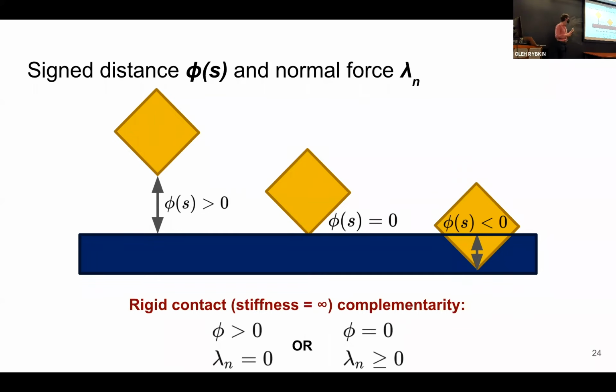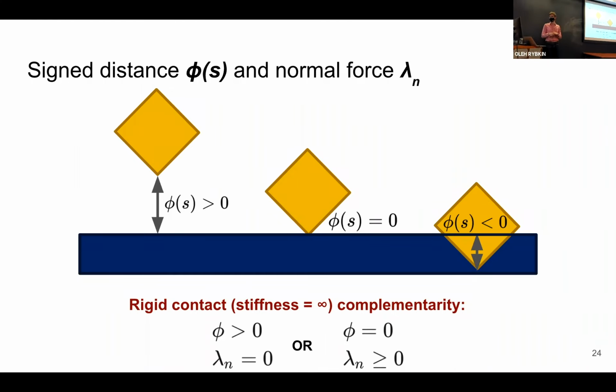So in the left case here, we have our dice not impacting the ground yet. Phi is the distance between the lowest point on the die and the ground. When 2 objects are just barely touching on their surfaces, the signed distance is 0. And when objects are interpenetrating, signed distance is negative, and it represents the maximal penetration depth between the objects.